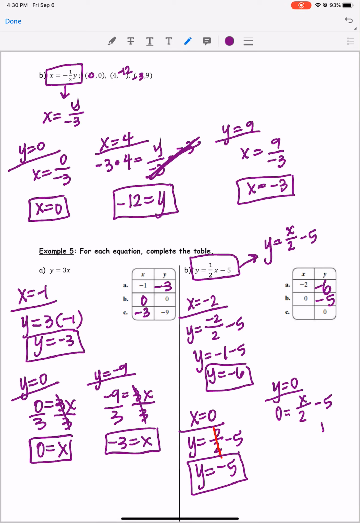Opposite of subtracting 5 is to add it. So 0 plus 5 is 5. We got 5 equals x over 2. This bar right here means divide. The opposite of divide is to multiply. So we'll multiply that 2 over. Those cancel. 2 times 5 is 10. So we get 10 equals x. So we can put that in there.